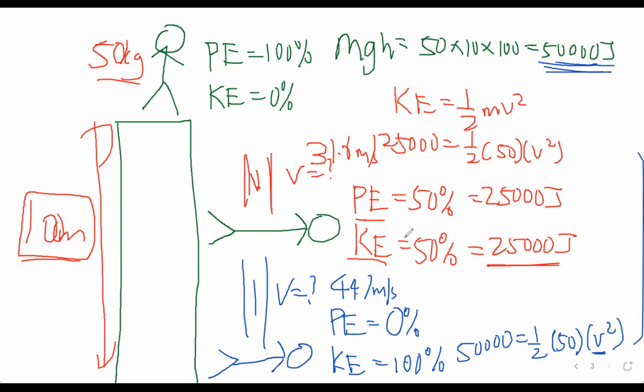Yeah. Got it. So now if you look here, guys, I want you to pay attention to this, which a lot of students have as a common misconception. They think that because the energy here doubles up from 25,000 to 50,000, the speed here just doubled up, becomes 63.2 meters per second.